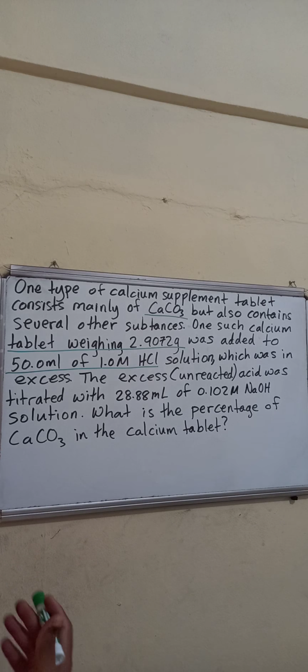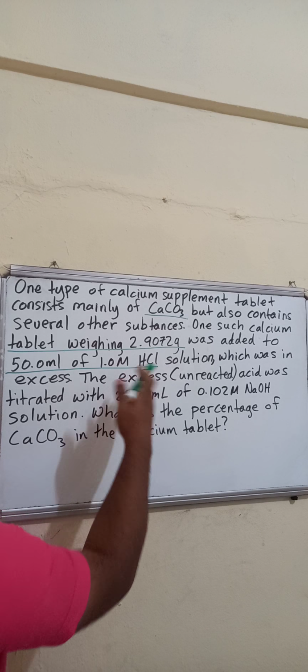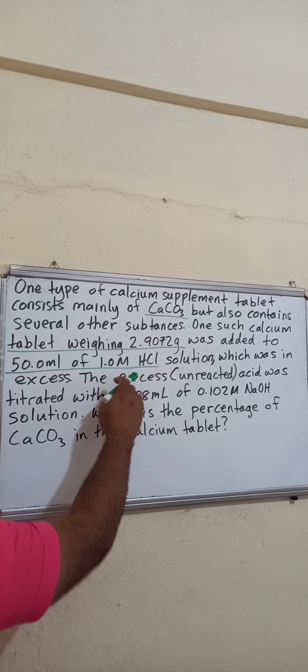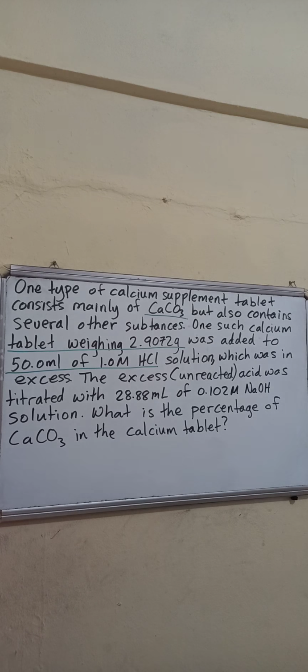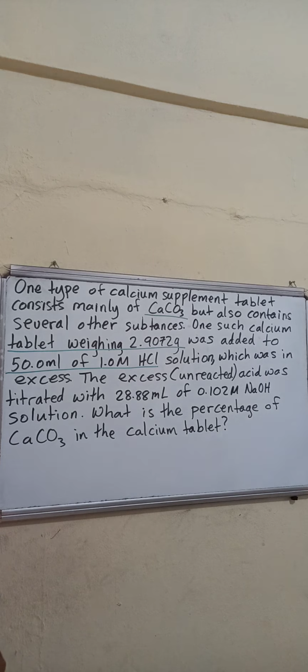As I said in part 1, we are interested in the tablet, so we need to ensure that all the calcium carbonate present reacts. So we need to add an excess amount of HCl, which was done. The excess means what was left over, what did not react. So the unreacted acid was titrated.